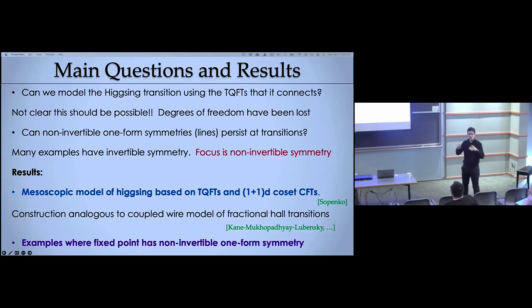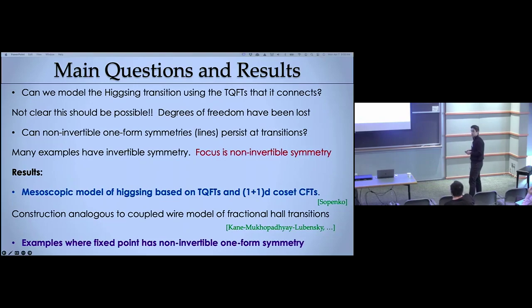And we'd like to understand, can we develop some sort of working model of what that transition point looks like? It's not obvious that that should be possible. You expect that since you ran a renormalization group flow to get to those two phases, that you lost degrees of freedom. So we're going to have to add something back to make it work. But we'd like it to be something that we can see using just that infrared viewpoint. So that's the first question.